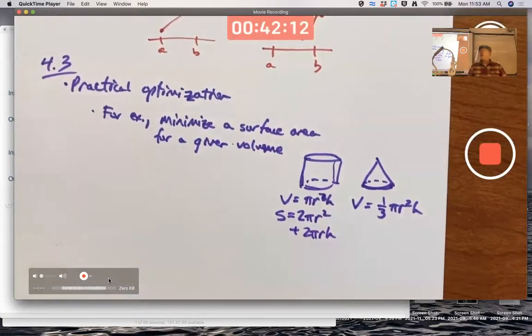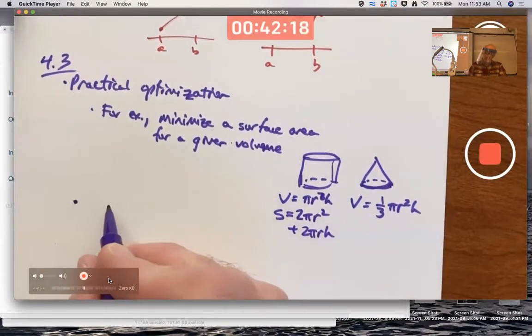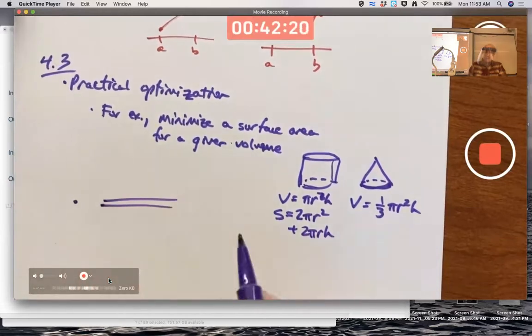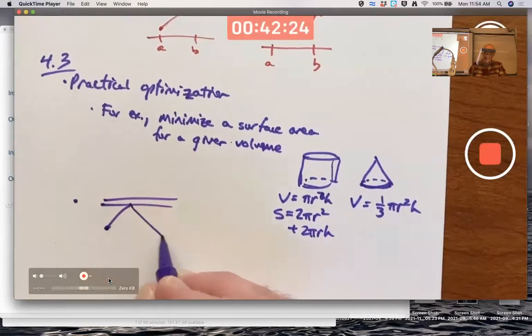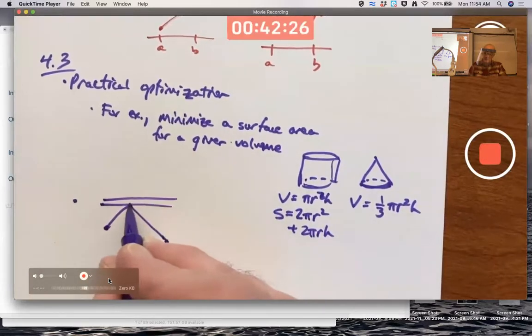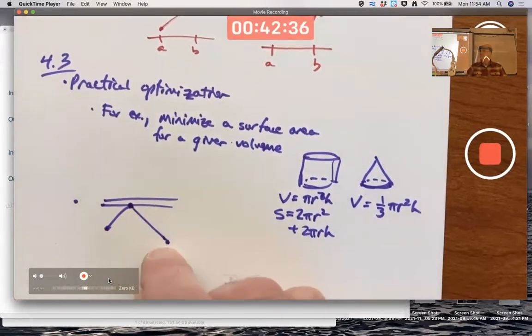Then there were other kinds of problems that we did as well. One problem that comes to mind was when we had the river and the two stations and we wanted to minimize the total length of the pipe, or figure out where to place the pumping station to minimize the total length. Though that was a pretty complicated problem as far as the algebra went, because the formula for the total length involved two square roots, and differentiating it was kind of nasty.